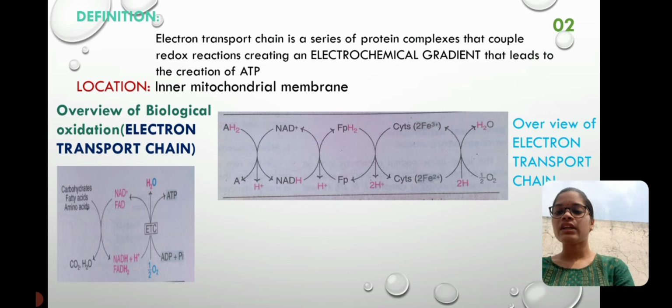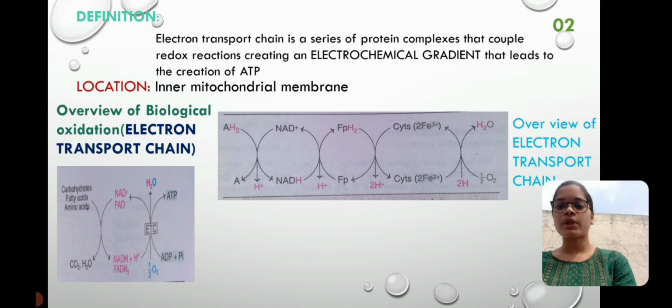These NADH2 and FADH2 are the coenzymes that transfer into the electron transport chain and reduce oxygen to water, and during this some free energy is liberated. As I already said, that free energy is important for the conversion of ADP and inorganic phosphate to ATP, that means the synthesis of ATP.